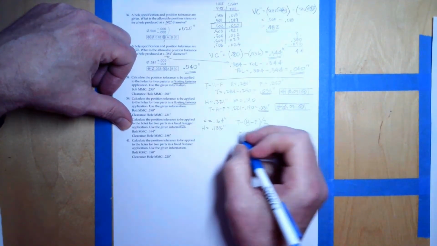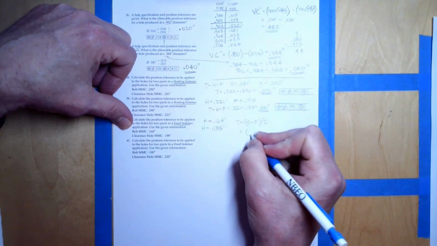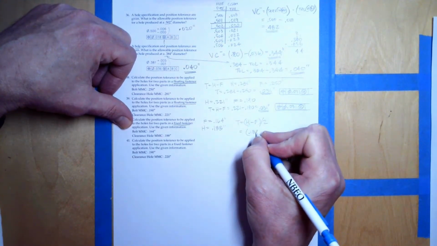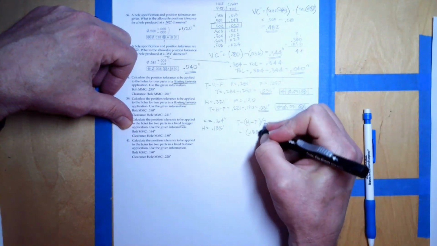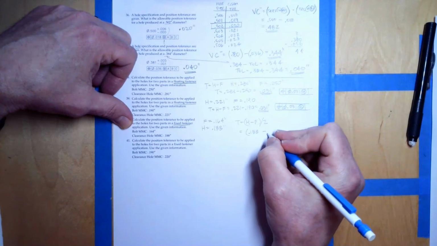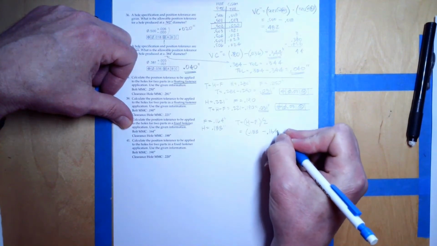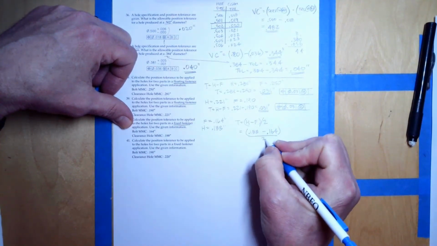T equals H minus F, so H is 0.188, so we go 0.188 minus, put a parentheses there before I should, 0.164, divided by 2.